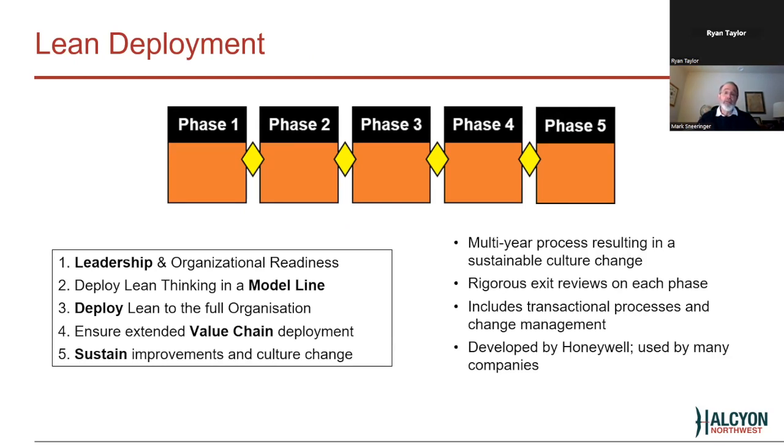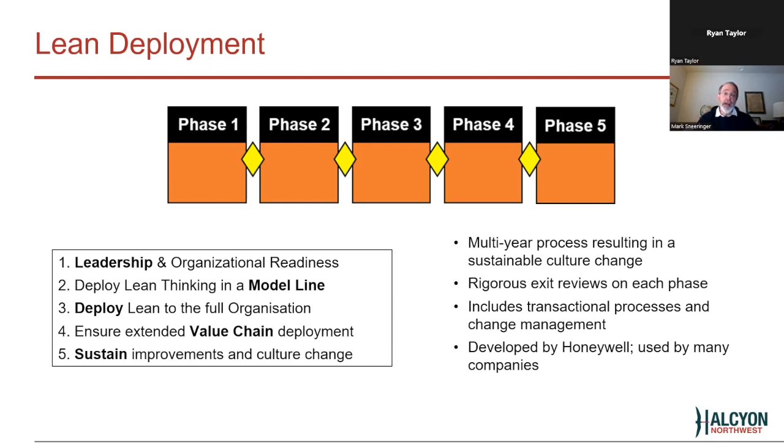Second is a pilot or a model line, where you try out the process and make sure it works in your organization. It also gets other people in the organization, as they see what's happening there, a little bit excited, so that when you move into phase 3, when you deploy across your full organization within your walls, you've got more of a pull than a push going on.